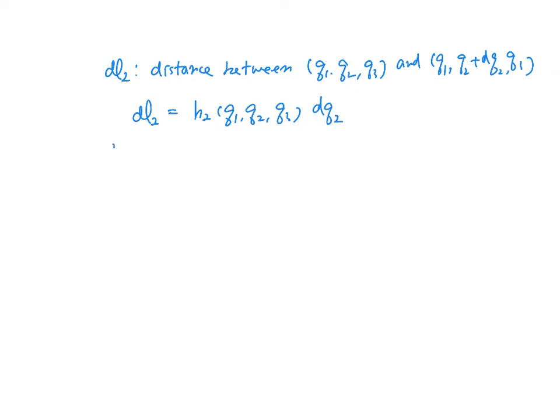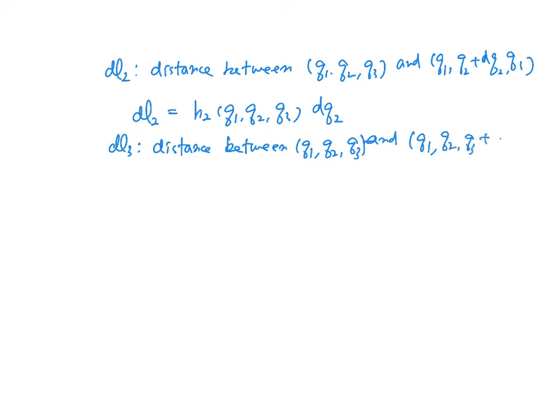And dl3 is the distance between Q1, Q2, Q3, and Q1, Q2, Q3 plus dq3. And I'm going to define it as h3(Q1, Q2, Q3) times dq3.